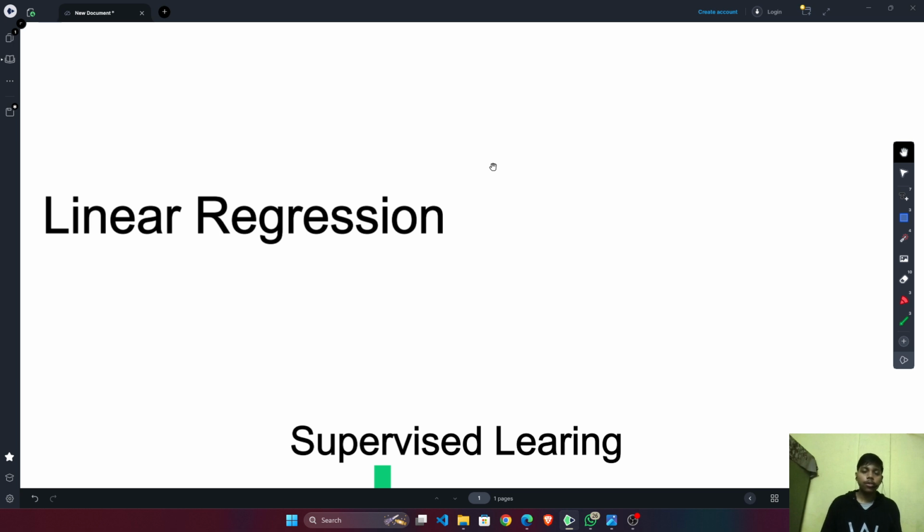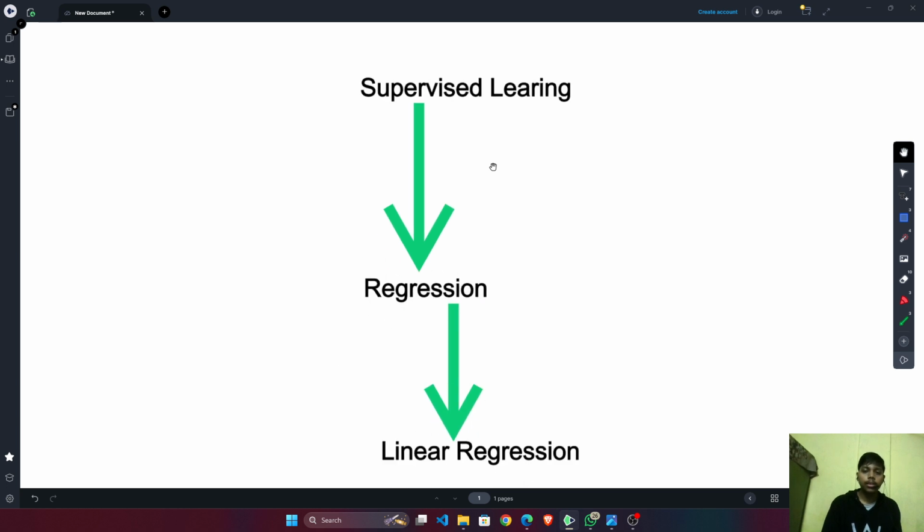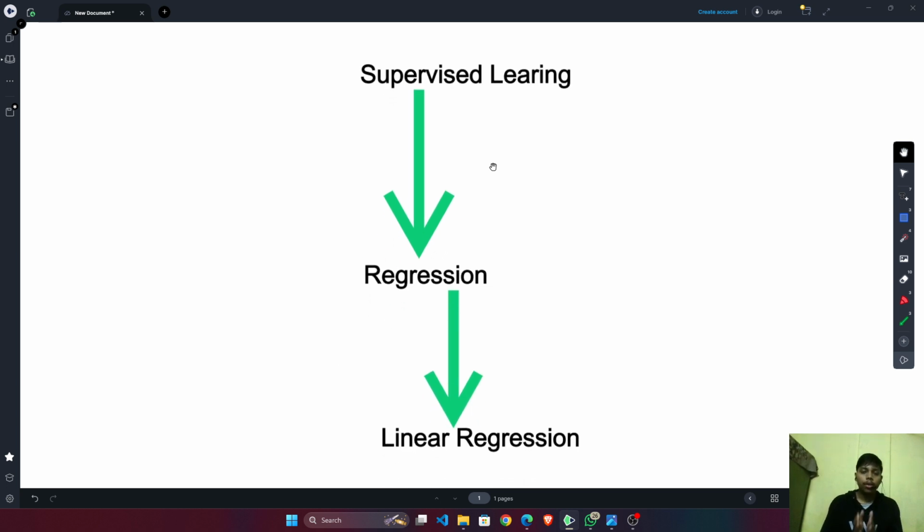First of all, we will understand where linear regression stands. Linear regression is an ML algorithm that comes under supervised learning. It means we give label as well as data together while training it.